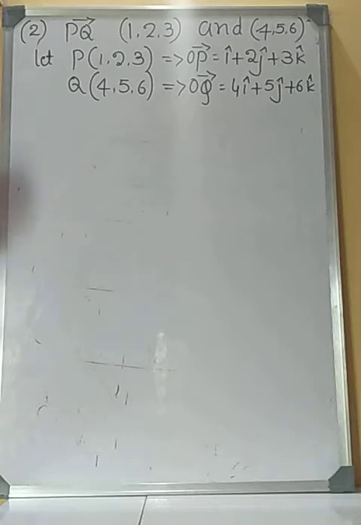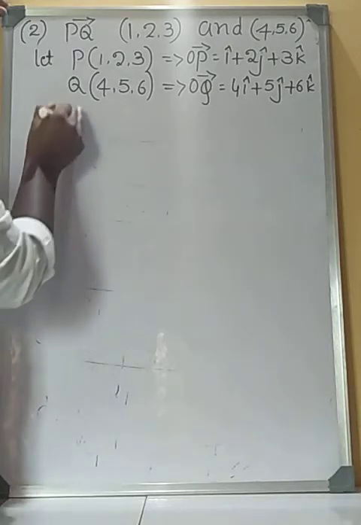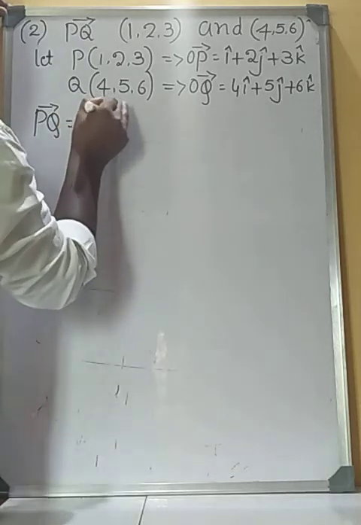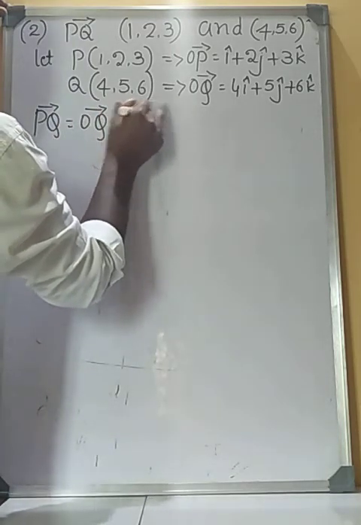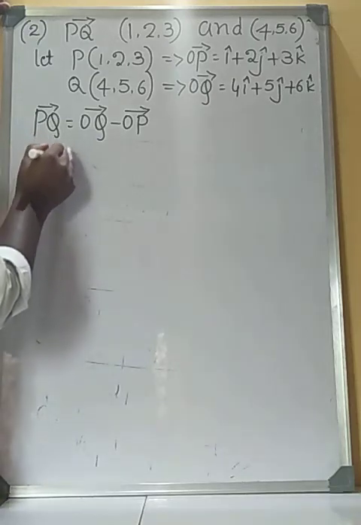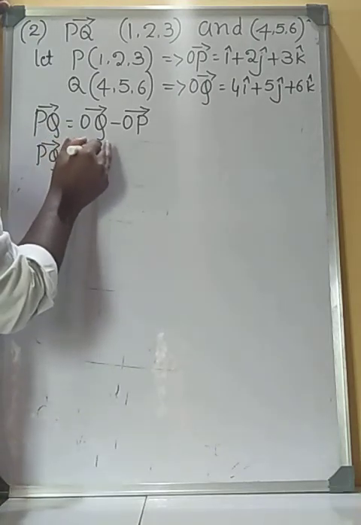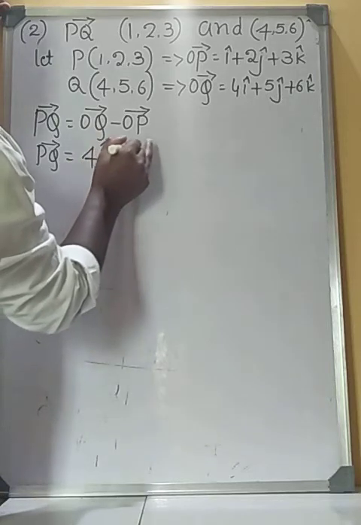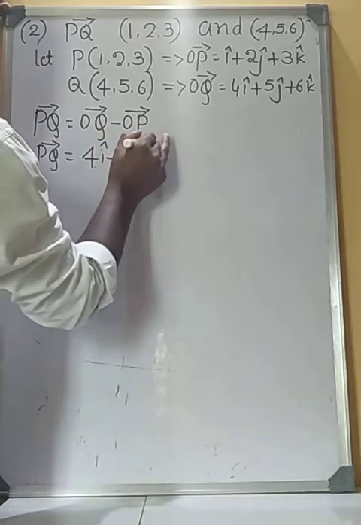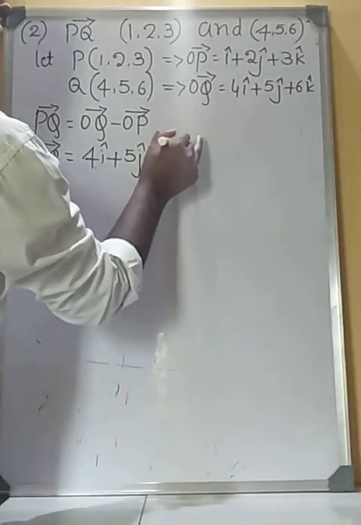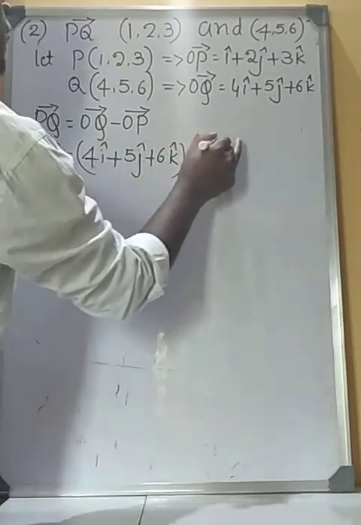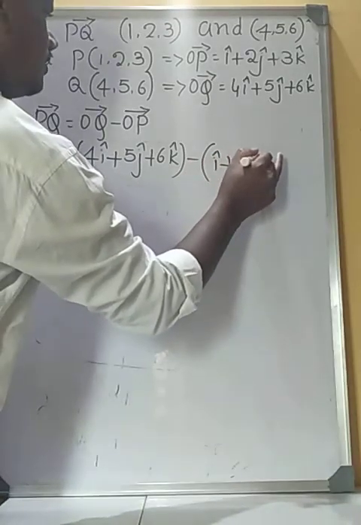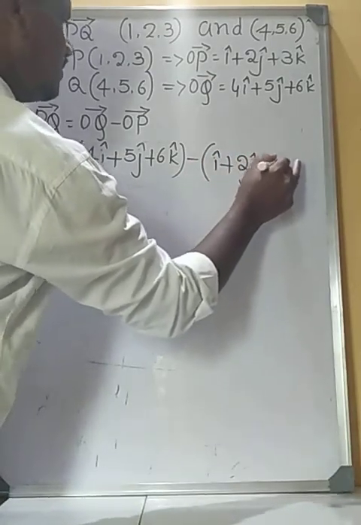So first find PQ. PQ vector is equal to OQ vector minus OP vector. Therefore, PQ vector is equal to 4i plus 5j plus 6k minus i plus 2j plus 3k.